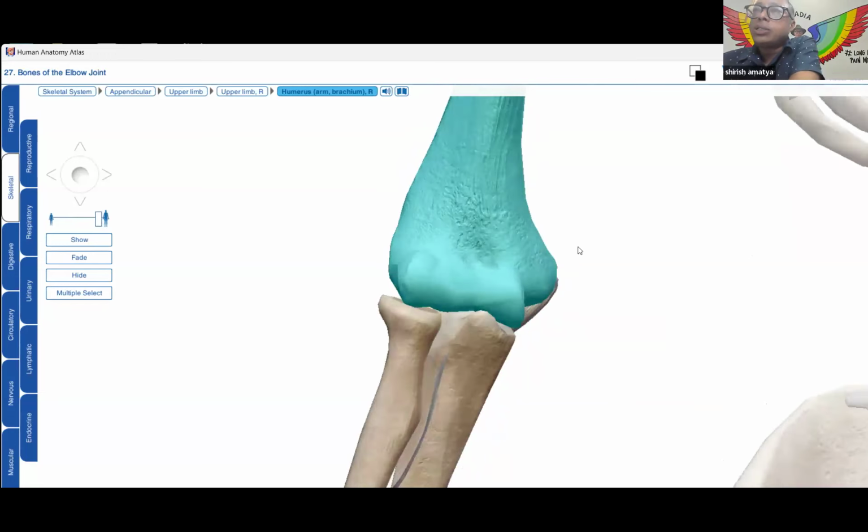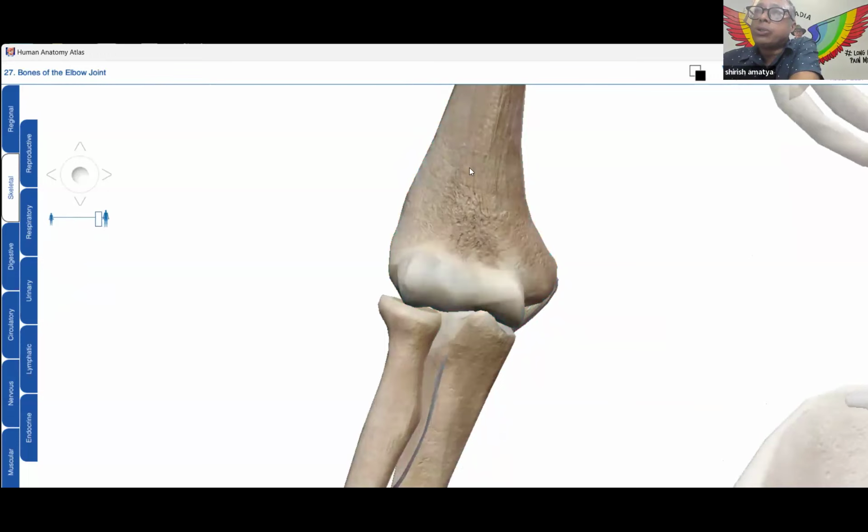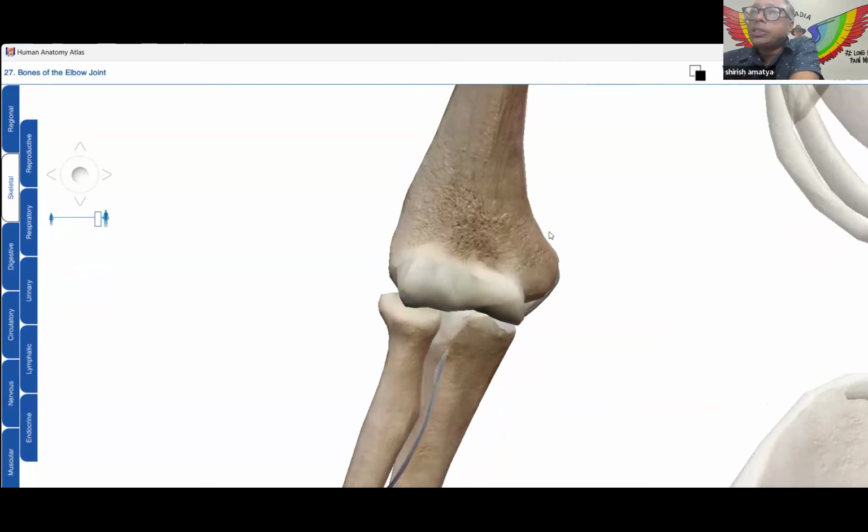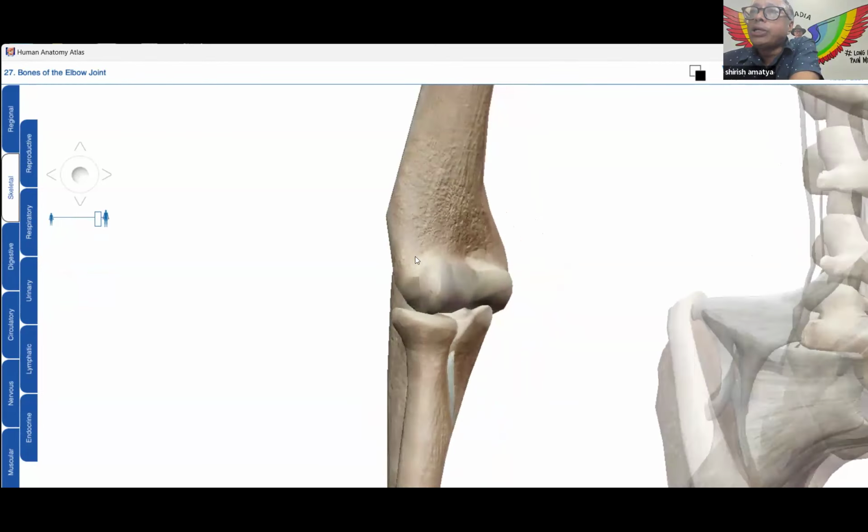Let's concentrate on this humerus. If you see the distal end of the humerus, you can see there are two bumps. In the medial aspect there is one bump known as the medial epicondyle, and in the lateral aspect you can also appreciate a bump at the lateral end of the humerus, called the lateral epicondyle.